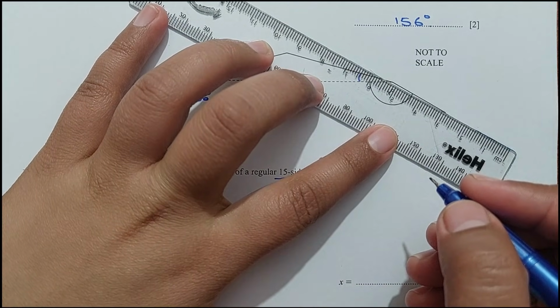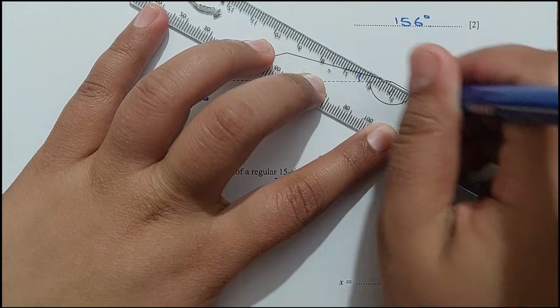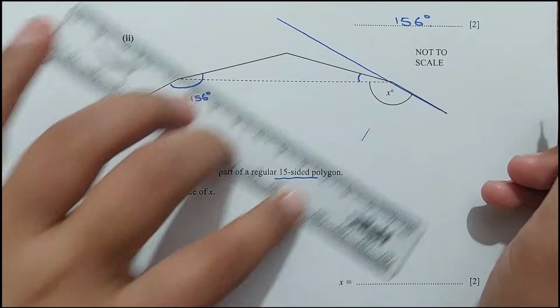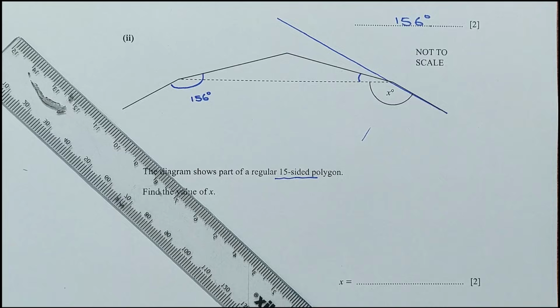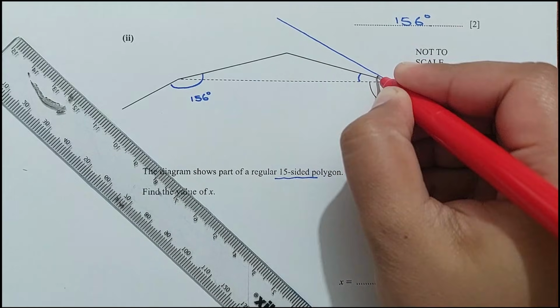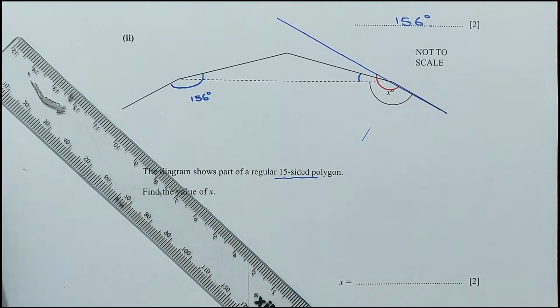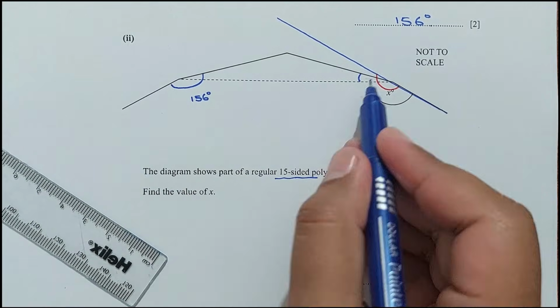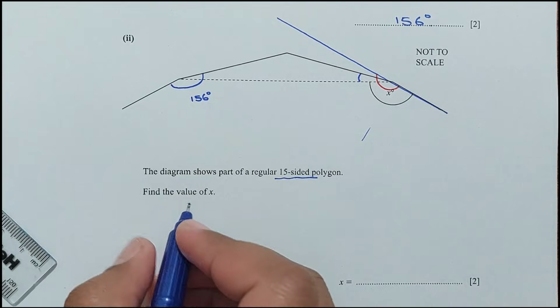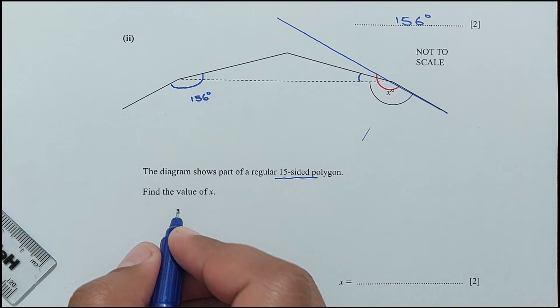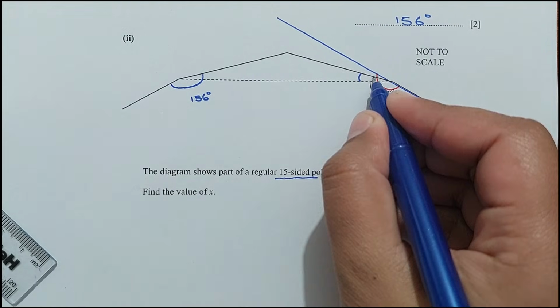Let me extend this straight line, and we know that a straight line is always equal to 180 degrees. So from 180 we have to subtract 156.